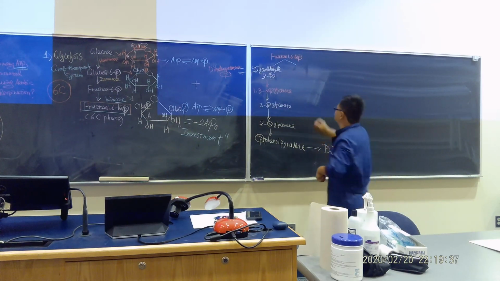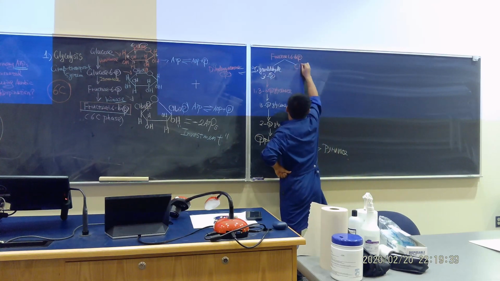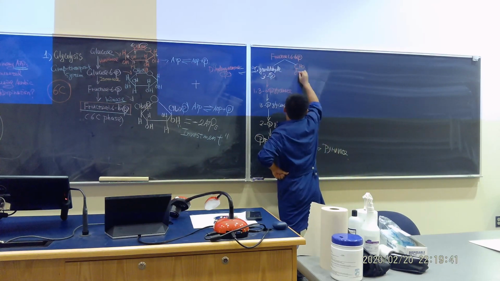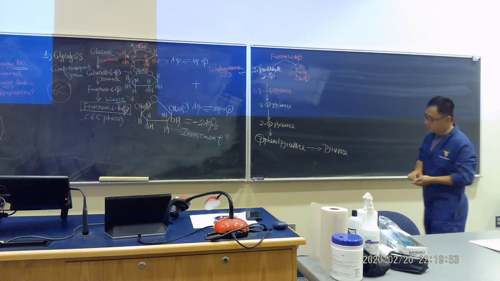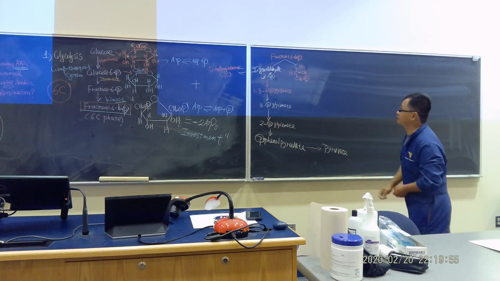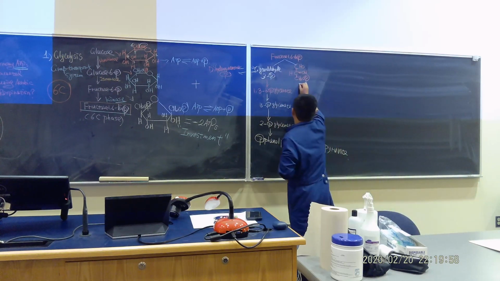Glyceraldehyde 3-phosphates, what it looks like. Glyceraldehyde 3-phosphates. Okay, 1,3-bisphosphoglycerate. What it looks like. Something happens going to be there. Okay.